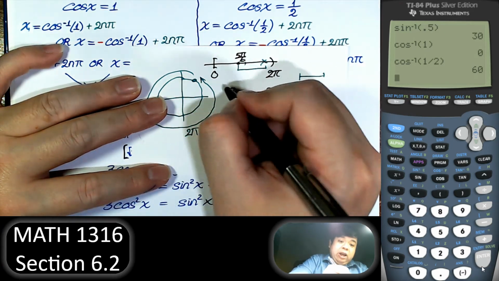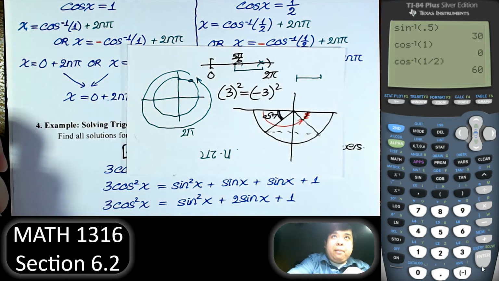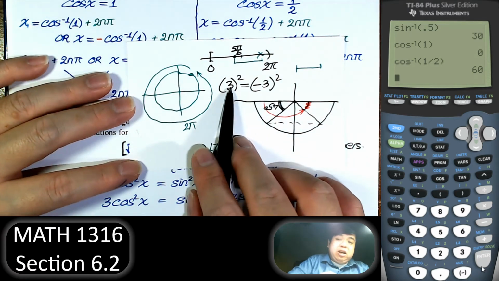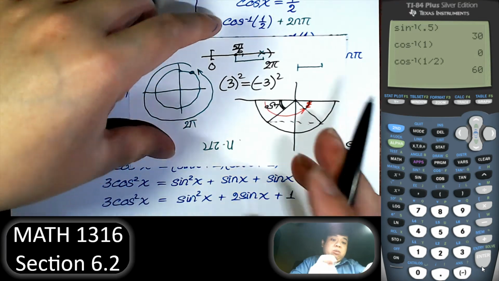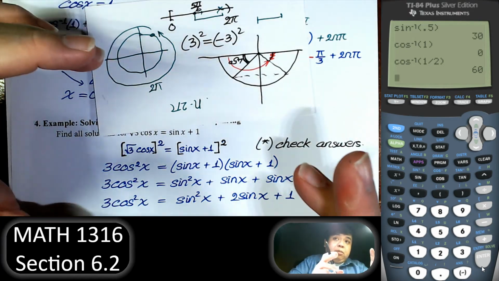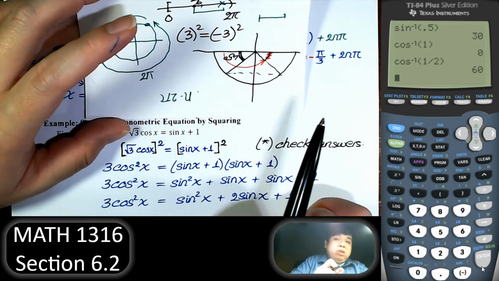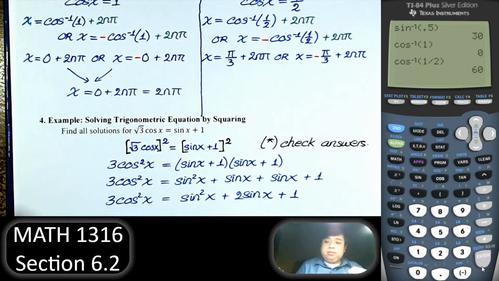This is wrong. However, if we square it, it is right. It's true. Right? So just because the squared version works doesn't mean the original problem without the square will work. That's why we have to check. Because when we square, it's true, but the original without the square might not be true. So that's why we need to check with the original equation.